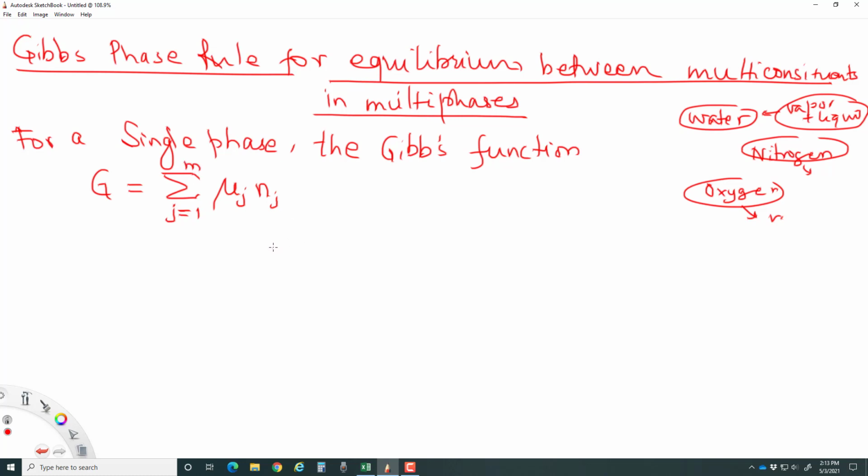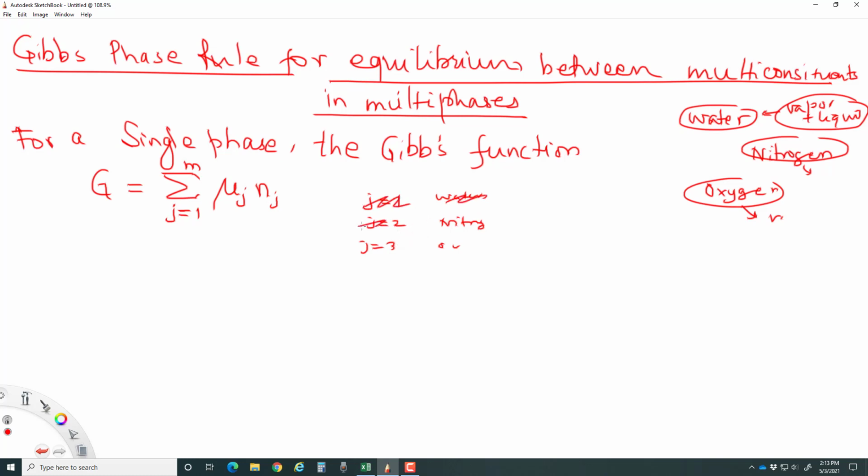So this is for single phase, and each j represents one constituent. We may have j equal to 1 for, let's say, water, j equal to 2 for nitrogen, j equal to 3 for oxygen. So j could be any number of constituents.